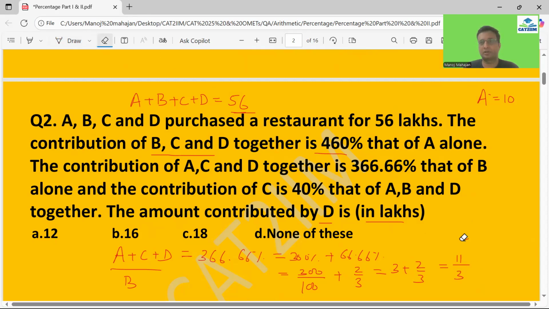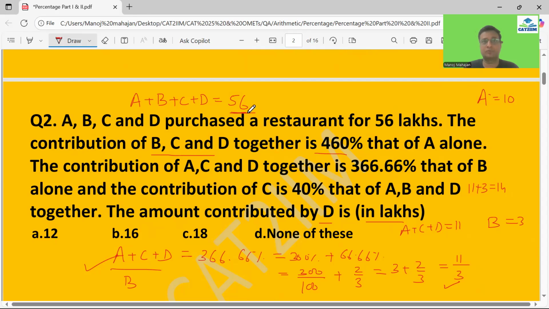So again, can we use the same concept what we did just a few minutes back? If A plus C plus D is 11, in that case, B would be nothing but 3. So this is what we got over here. The sum total over here is 11 plus 3, that is 14.